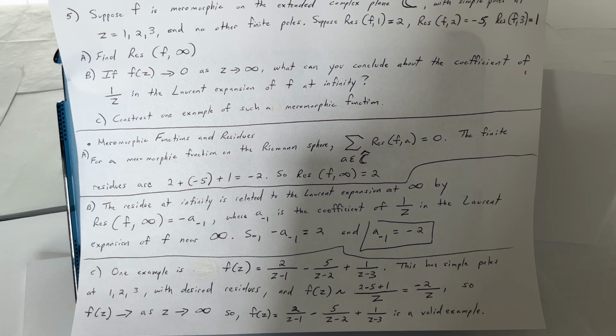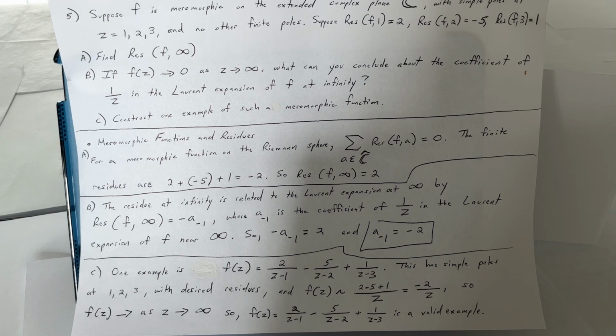And f of z is asymptotic to 2 minus 5 plus 1 in the numerator divided by z, so that's equal to -2 over z, which goes to 0 as z approaches infinity. So that would be a valid example.